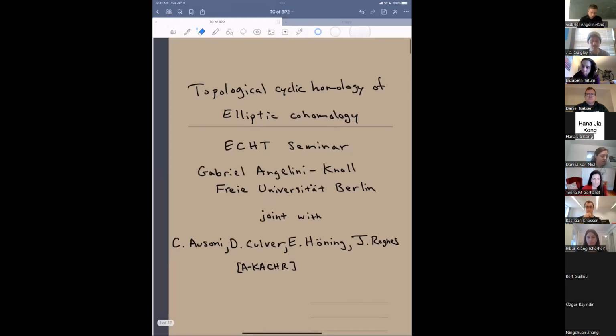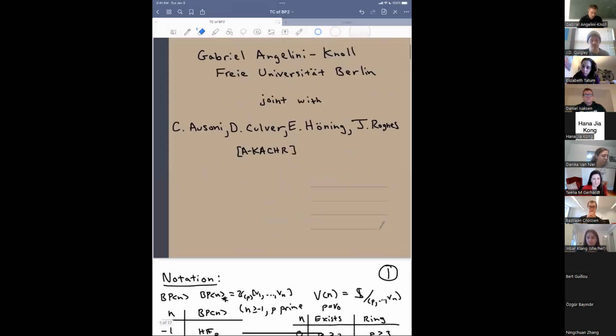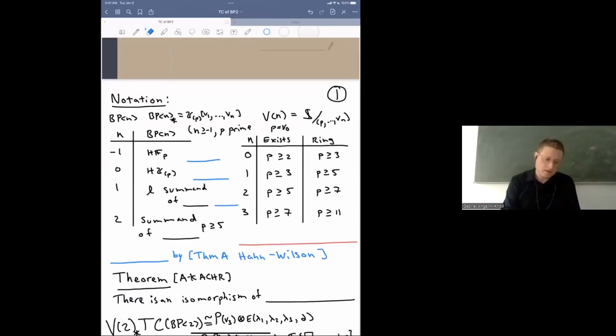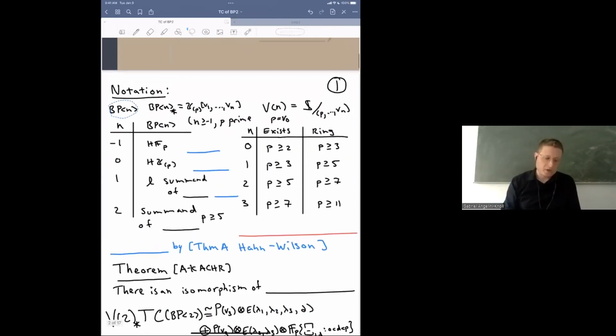First, I want to do a little bit of setup. The key players are going to be these truncated Brown-Peterson spectra. If you're not familiar with them, their coefficients are the p-local integers and then a polynomial ring on v1 through vn. For small n, these are other well-known spectra.